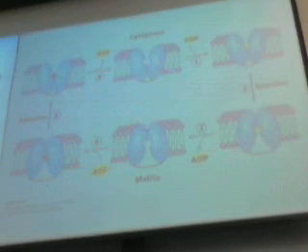And I just wanted to show you a couple of pictures of this transport protein. This is the ADP-ATP exchange protein. That little red dot there is going to represent ATP. You can see it is a dimeric protein that flips back and forth like this.